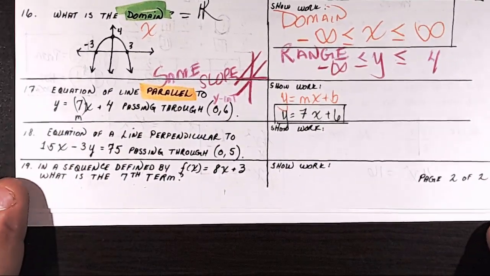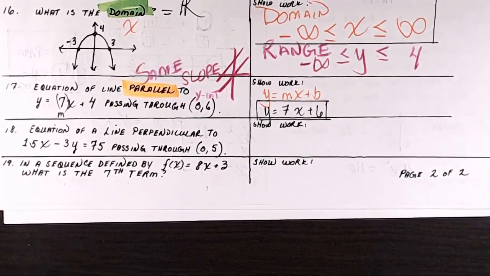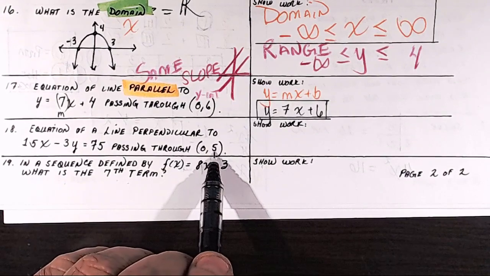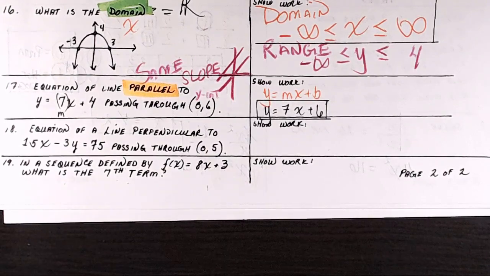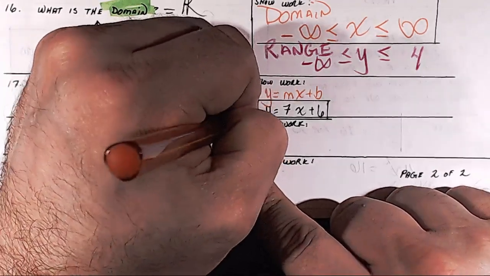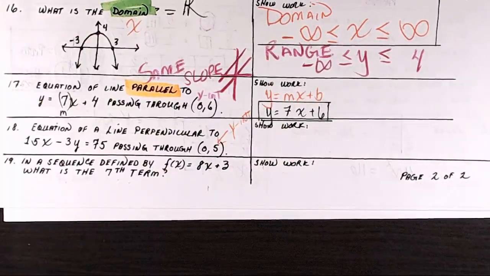Number 18, equation of a line perpendicular and then passing through a given point. Okay, and again, here they're having it pass through the y-intercept. So it's always good to make a note that we now know that 5 is the y-intercept of the new line.